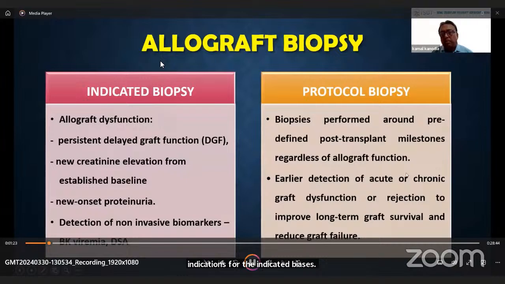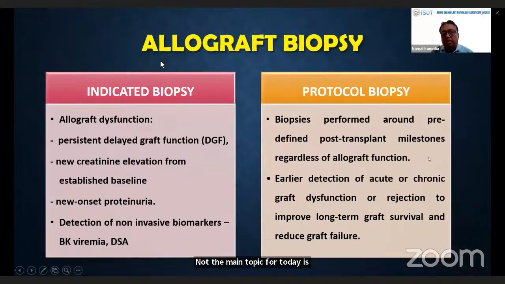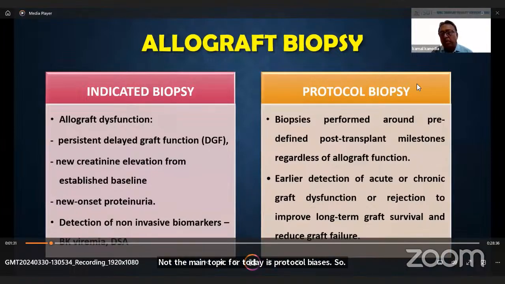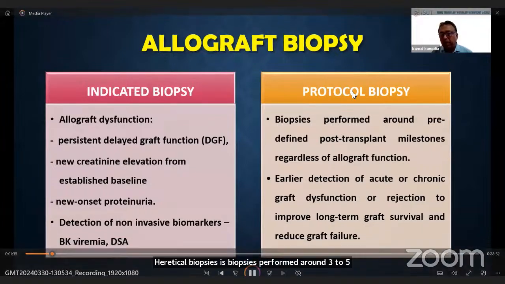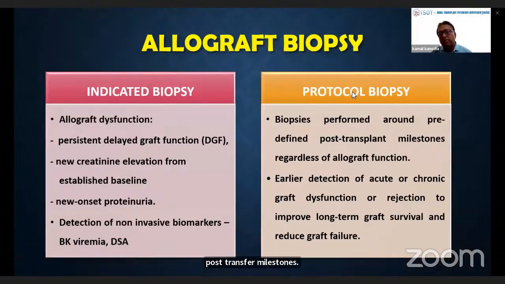Now the main topic for today is protocol biopsies. Protocol biopsies are biopsies performed around predefined post-transplant milestones regardless of allograft function. Basically these biopsies are performed at certain intervals after transplantation, which can be 1 month, 2 months, 3 months, 6 months, or 12 months, according to the transplant program choice or the protocol policy of the center.